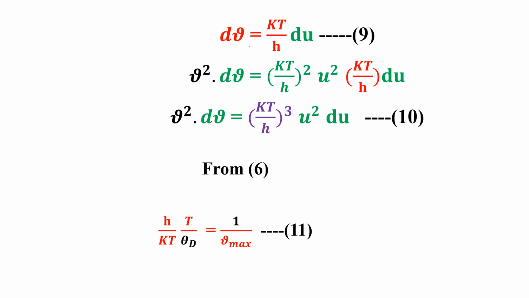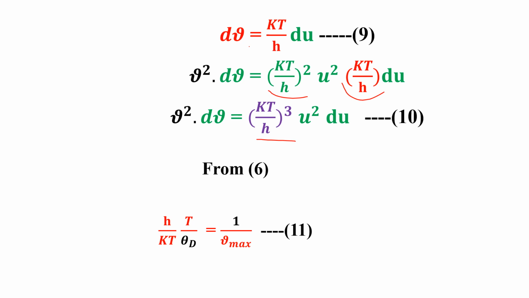So nu square d nu now has the value: kt by h the whole square, in green color font, and another kt by h, in red color font. Both are multiplied and converted into kt by h the whole cube into u square du. This is considered as equation 10.